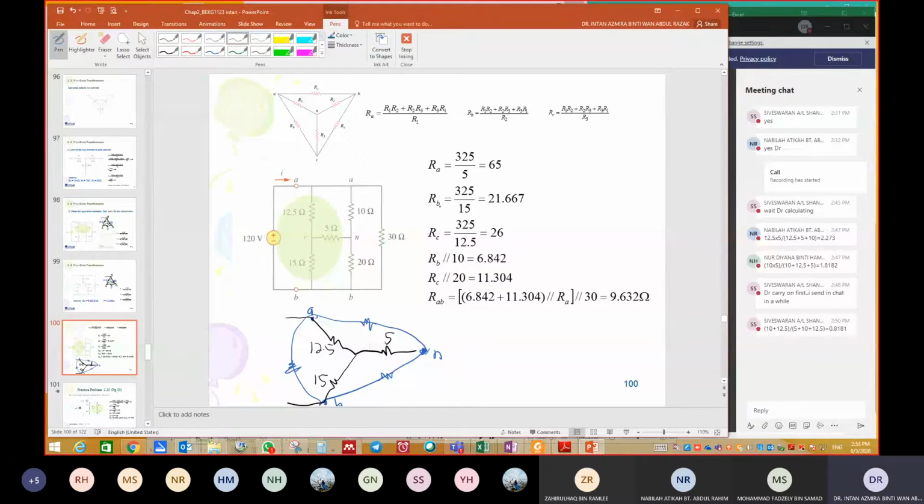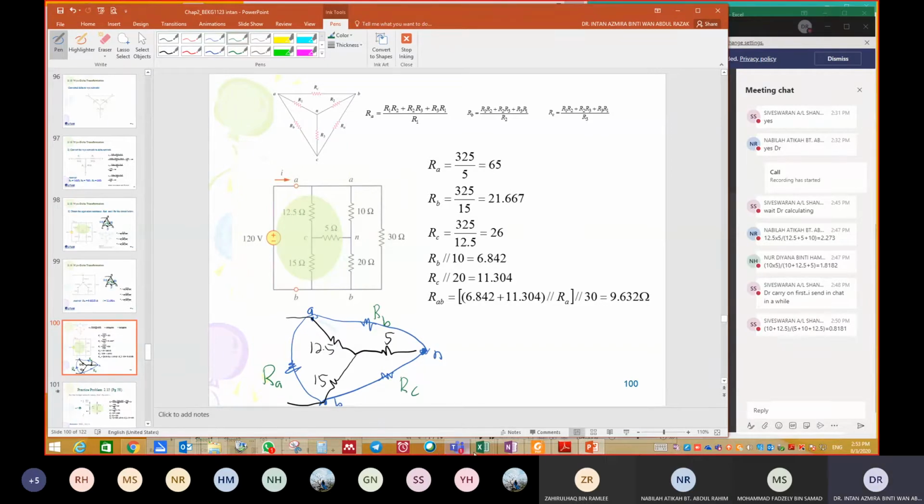So this is RB. From this calculation, now I put the notation of RB, RC, and RA. RA is 5, so this is RA, and of course this is RC.